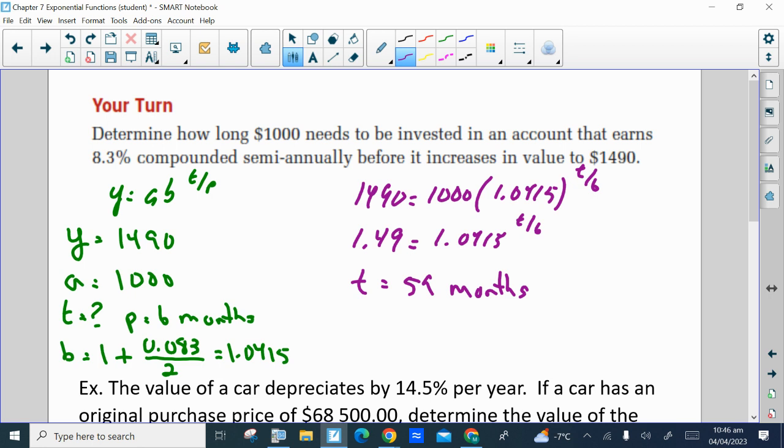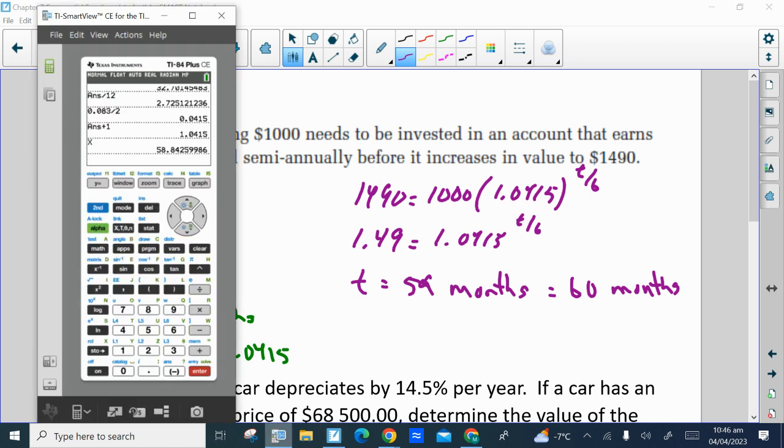which actually we'd have to even round up to 60, because it's every 6 months or twice a year. So the interest won't be calculated at the end of 59 months. It'll actually be calculated at 60 months, because that's the end of the 5th year.